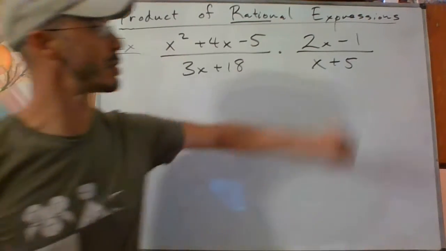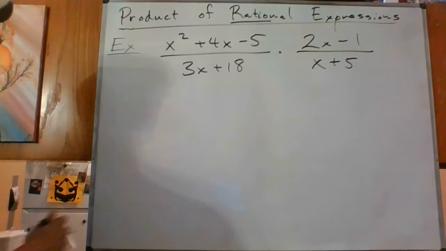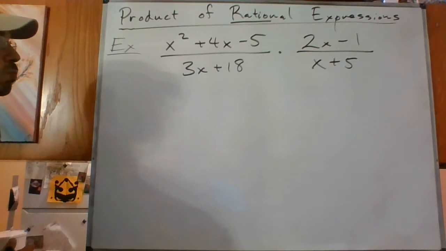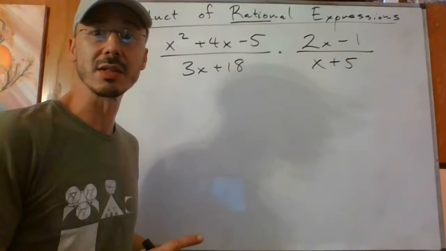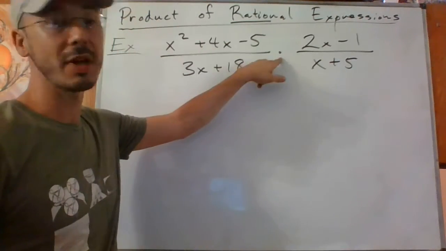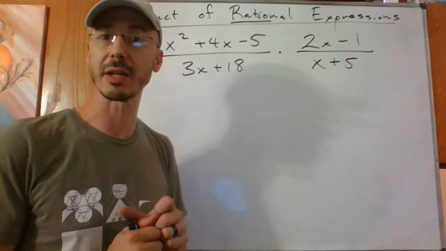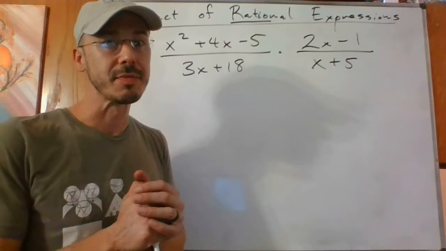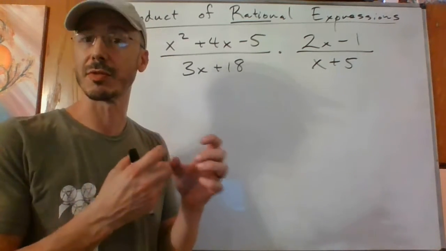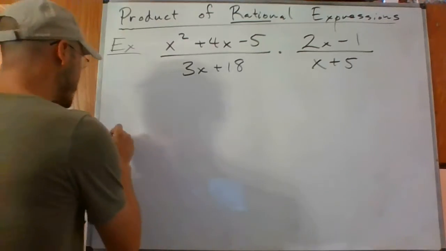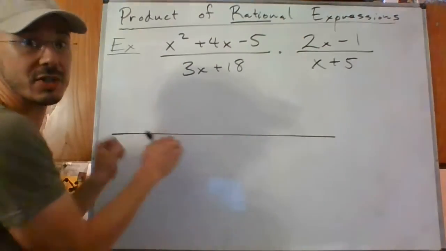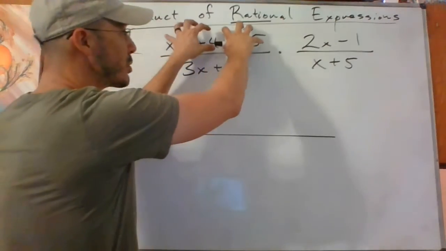This is a rational expression, this is a rational expression. To do this, it's multiplying fractions. I just multiply the numerators and multiply the denominators. Not too bad. But I want them in factored form. So as I write this whole expression as a single fraction, I'm not just going to rewrite it like this.